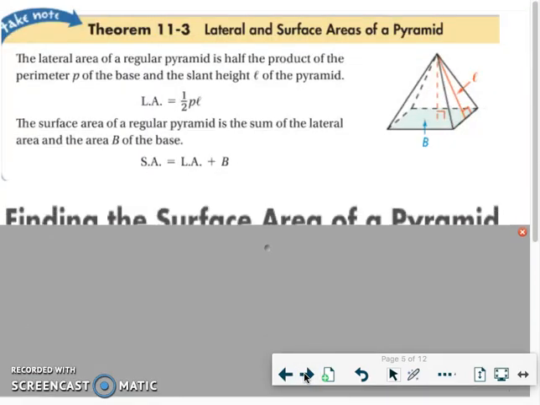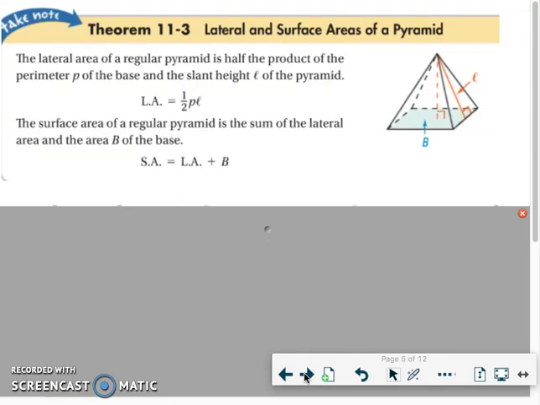So what we're going to look at then is a couple formulas here. Yesterday we had LA plus 2B. Notice how that is turned into LA plus B, because on a pyramid there's only one base. The thing that's different with our lateral area: it was perimeter times height yesterday. Instead of just perimeter times height, we have 1/2 perimeter times slant height because we have triangles.